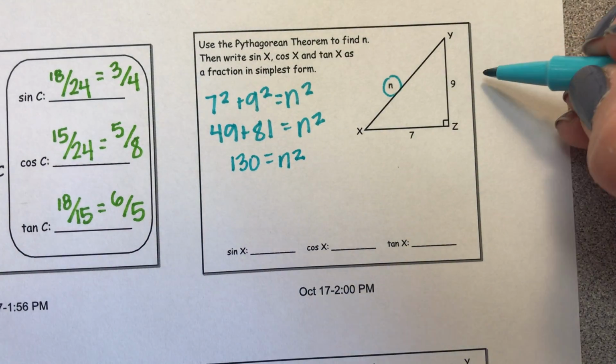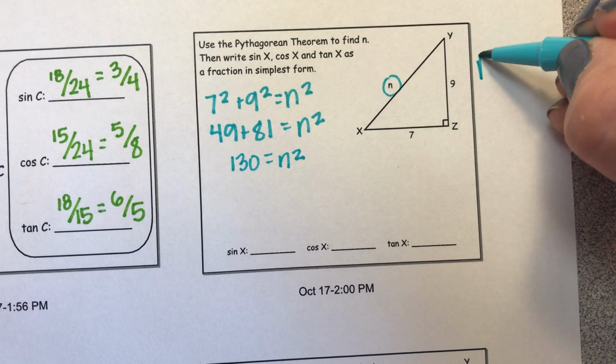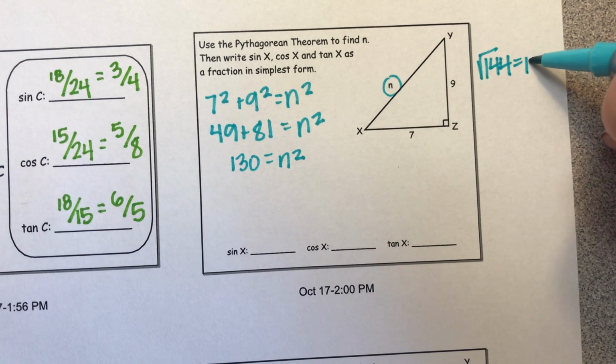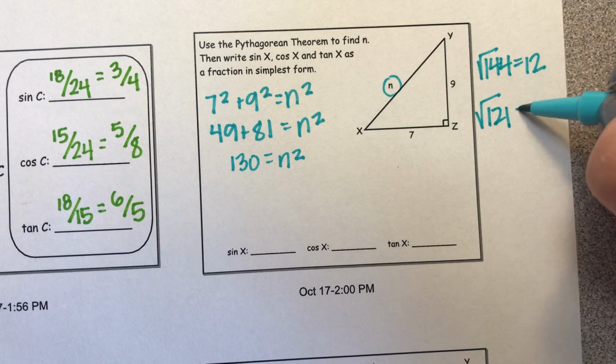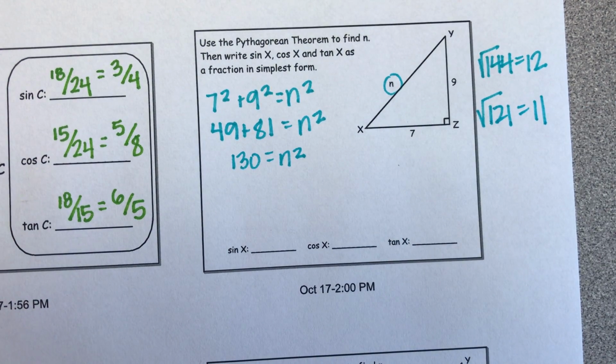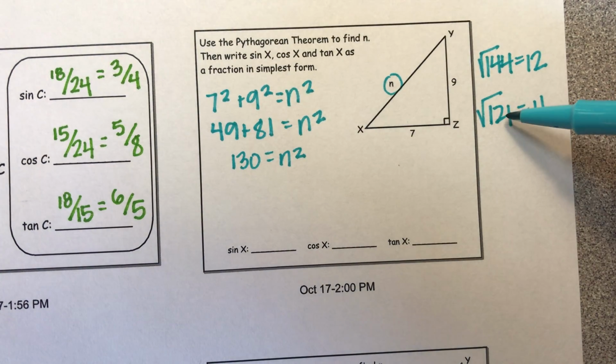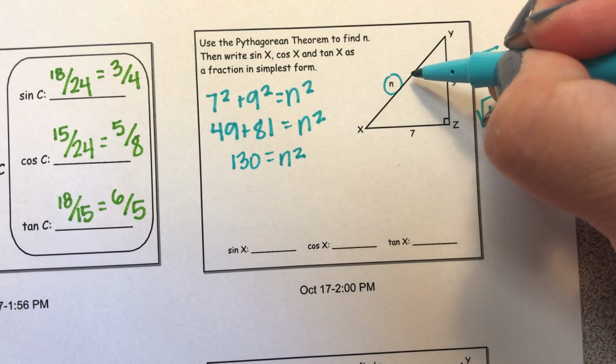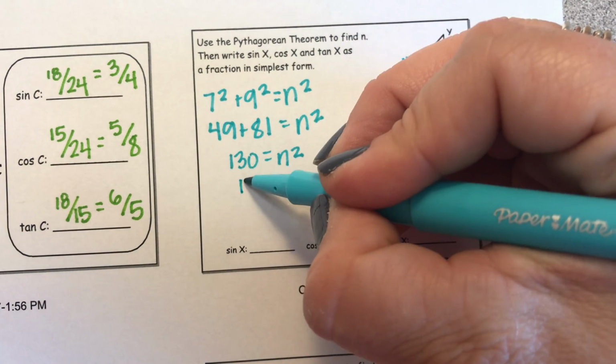This is a skill from last chapter, right? I know that the square root of 144 is 12, and the square root of 121 is 11. So which one is it closer to? It's closer to 121, so we're going to estimate this side as 11.